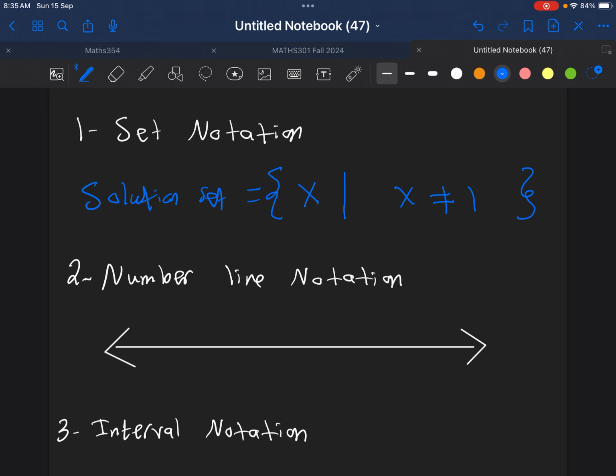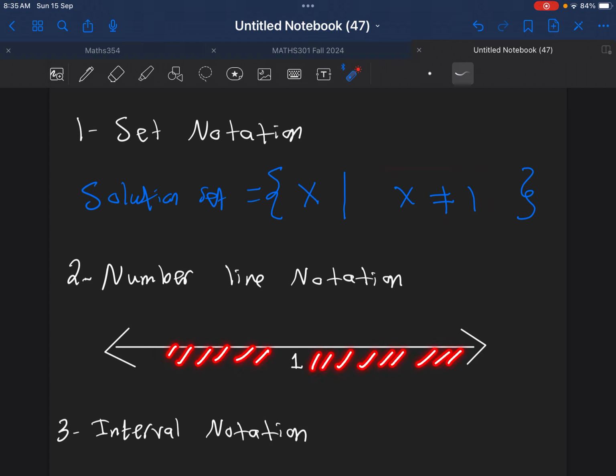That's the first one. Second, you need to write it as a number line. What do we mean by number line? Of course, we need to shade somewhere. Now, this is 1. Where should I shade if I'm saying x is not equal to 1? Of course, you will shade the right side.